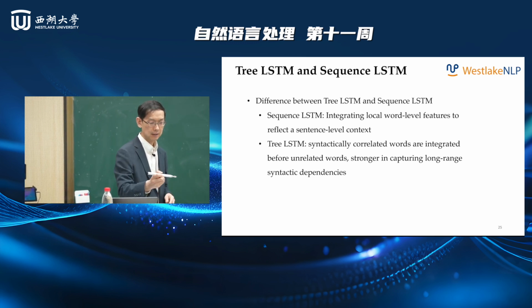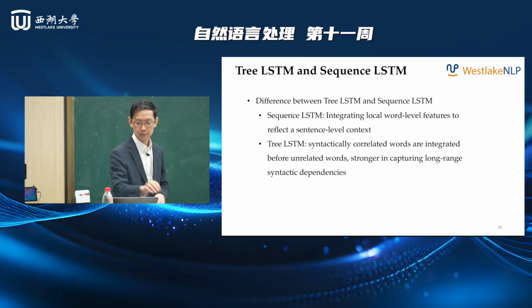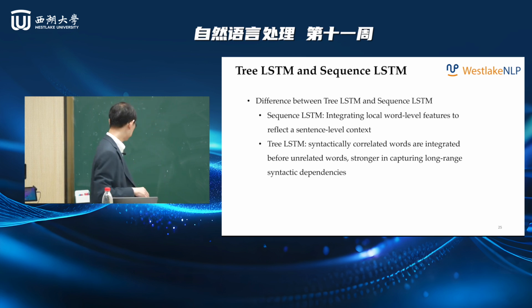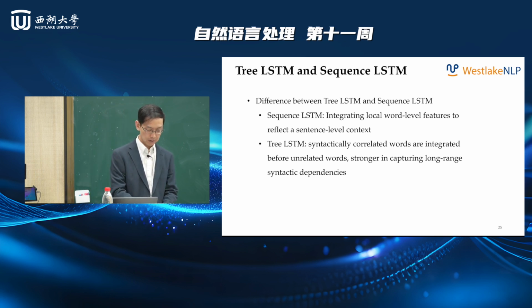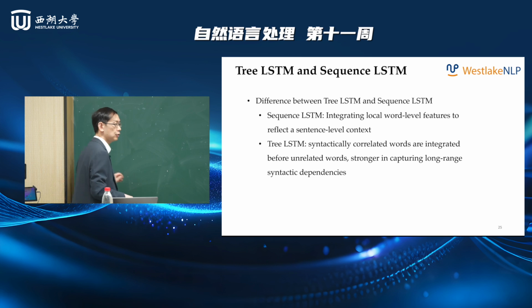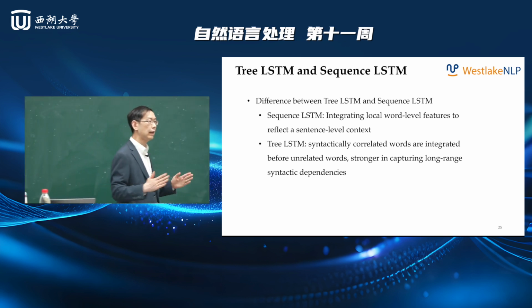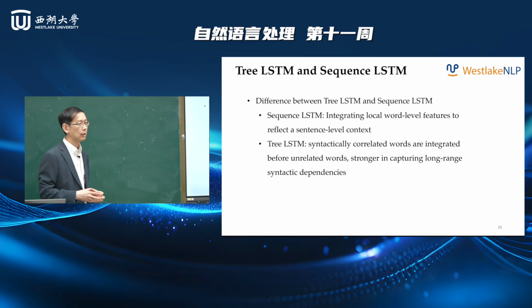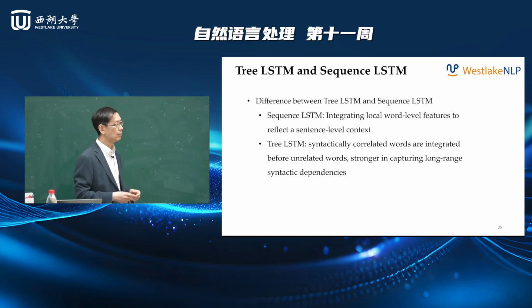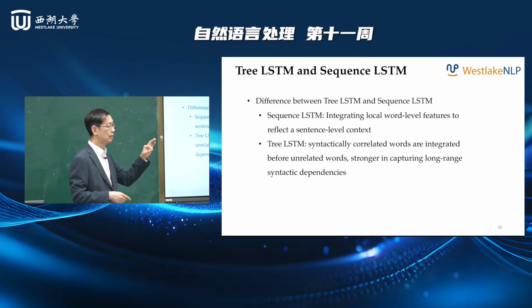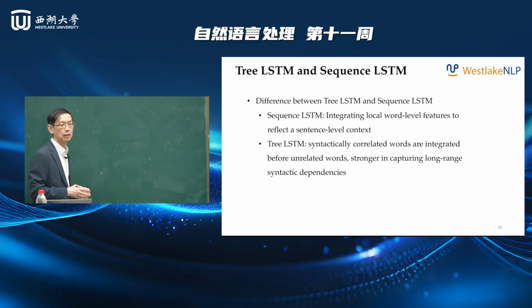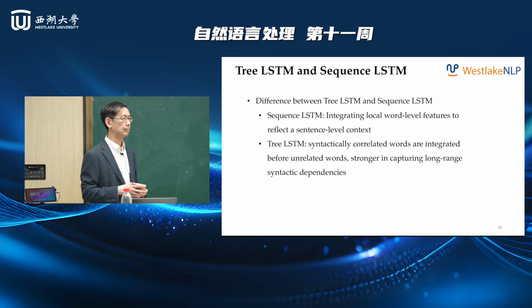The first thing is, for sequential LSTMs, we had a bidirectional version. I can do the sequential LSTM from left to right and from right to left. For tree LSTMs, I only have bottom-up information. Can we integrate bottom-up information and top-down information so that every tree node contains the whole tree? In other words, can I have a bidirectional tree LSTM?